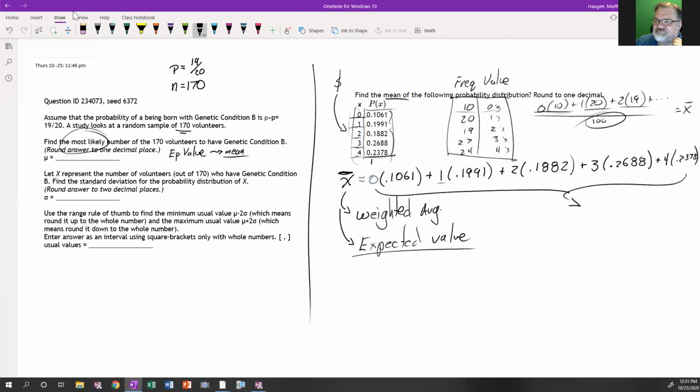Now, over here, I used X bar for mean, and frankly, I shouldn't have. I should have used mu. Why are we changing to mu for mean instead of that X bar?